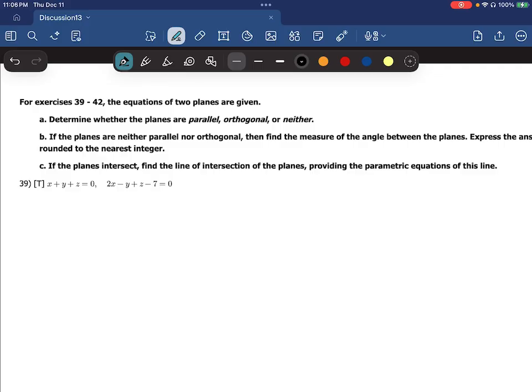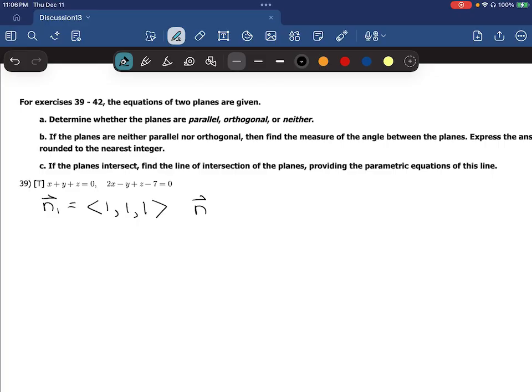So we're given two planes, and we need to determine whether the planes are parallel, orthogonal, or neither. The first thing we're going to do is pull out the normal vectors. We're just going to get those from the coefficients for the x, y, and z.